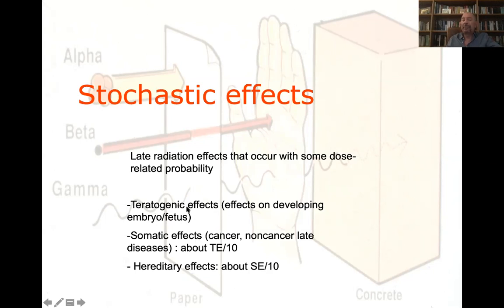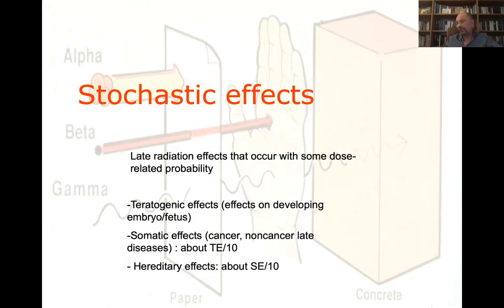So they are much more unlikely than teratogenic effects. We saw this already in deterministic effects, you remember, but this is also true for stochastic effects. And hereditary effects are 10 times lower than somatic effects. So somatic effects are 10 times lower than teratogenic effects, and hereditary effects are about 10 times lower than somatic effects. So imagine 10%, 1%.